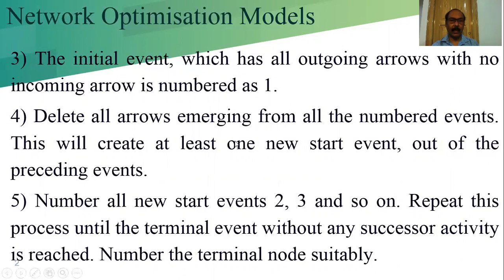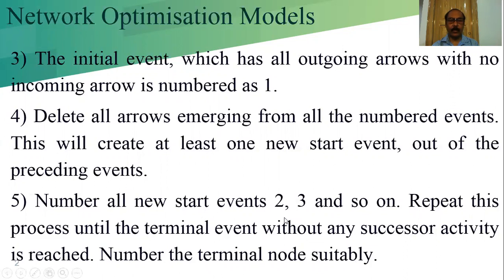For the other events, when all the activities enter an event, the number of that event should be greater than all the preceding events. Number all new start events 2, 3 and so on. Repeat this process until the terminal event without any successor activity is reached.